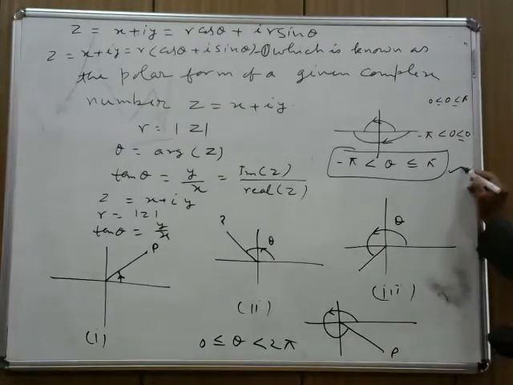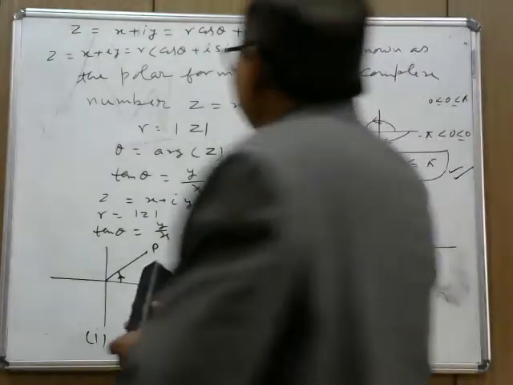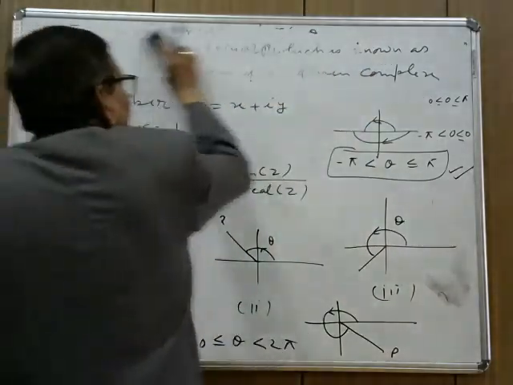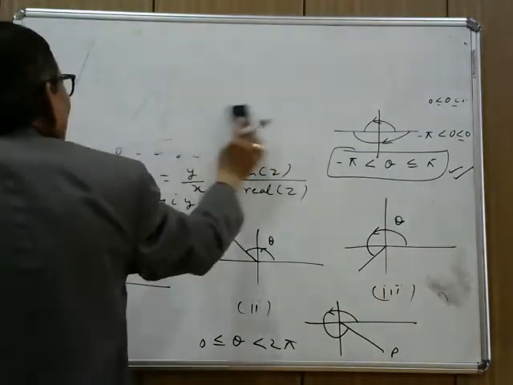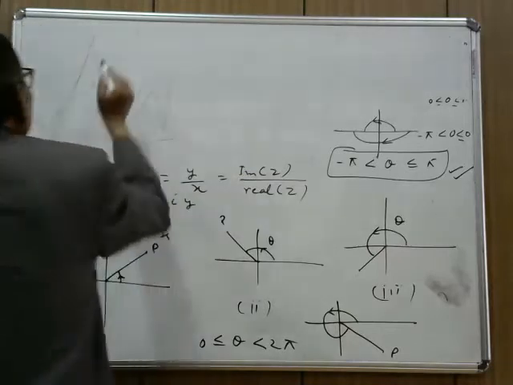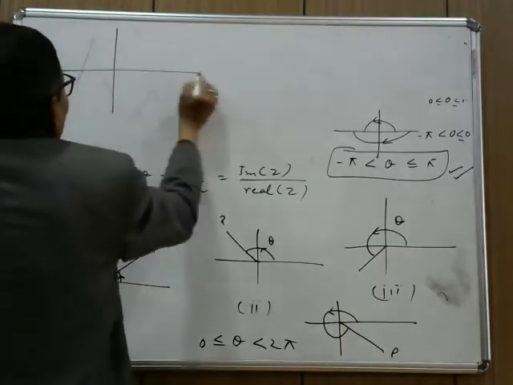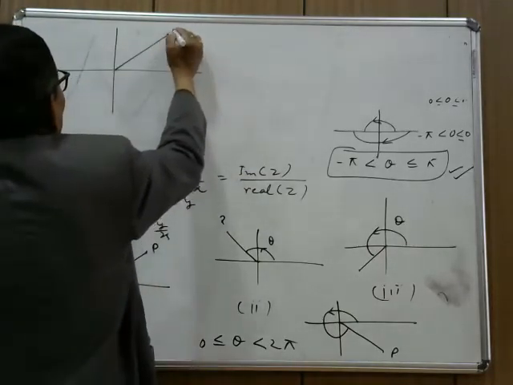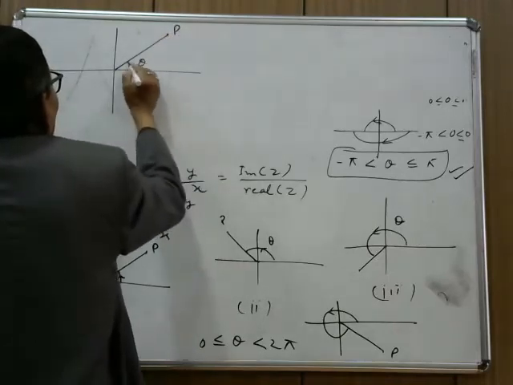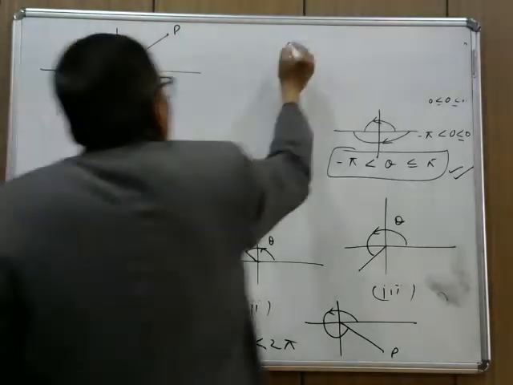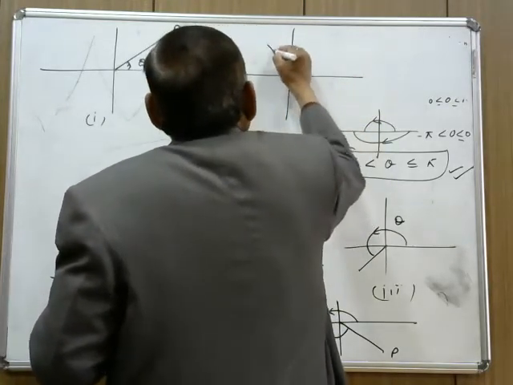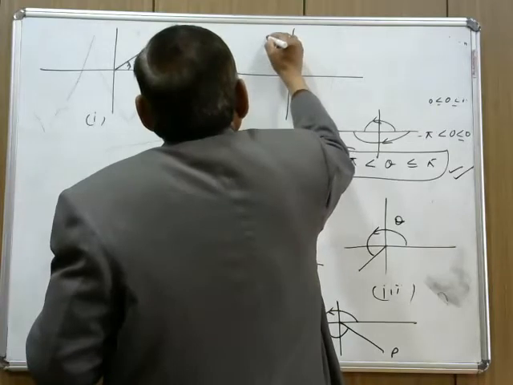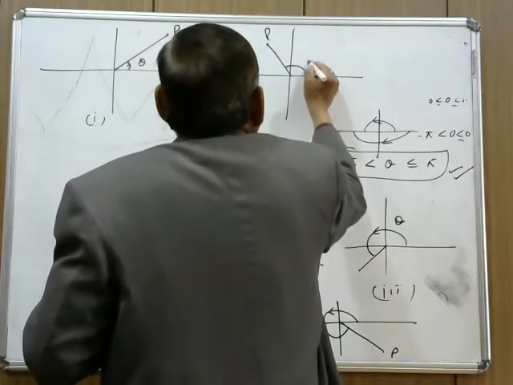So the principal value of theta lies in this interval. How can we define that? You see, if your complex number lies in the first quadrant, like this is the complex number, this is theta. This is the first case. Your complex number lies in the second quadrant: this is your P, this is theta.